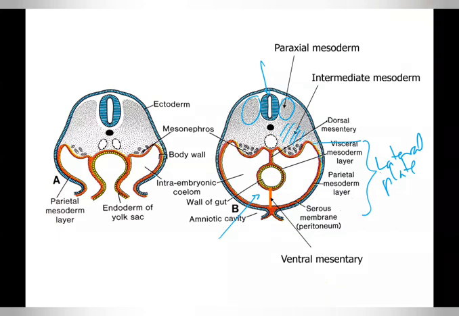Now this lateral plate mesoderm is further divided into two. The mesoderm here is called the parietal mesoderm, and the mesoderm here is called the visceral mesoderm. So these are the visceral and parietal layers of the lateral plate mesoderm. The visceral one is also called splanchnic.